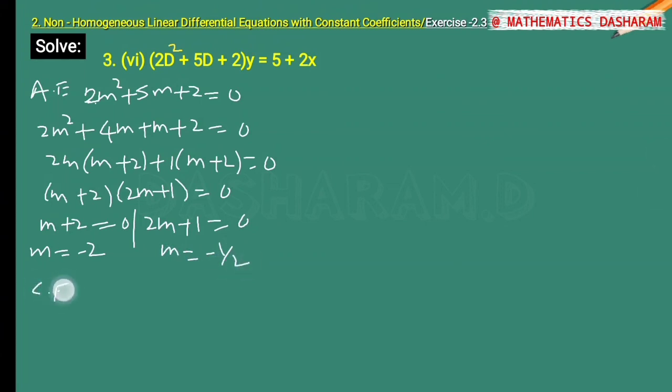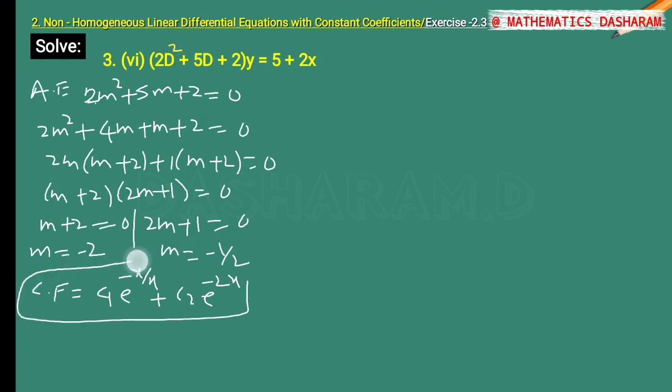So then the complementary function is c1 into e to the power of m1 x. So here minus x by 2, plus c2 into e to the power of m2 x, so minus 2x. That is, c1 e to the power of minus x by 2 plus c2 e to the power of minus 2x.